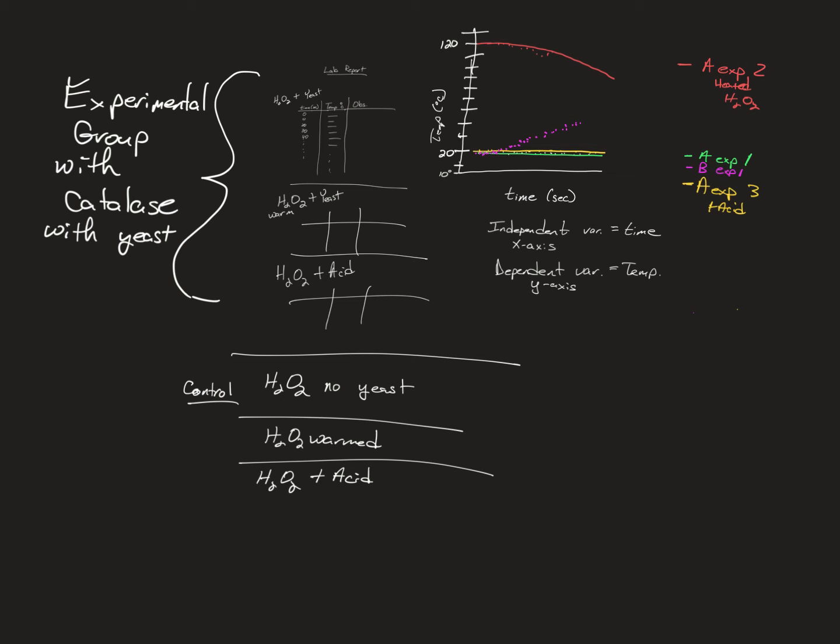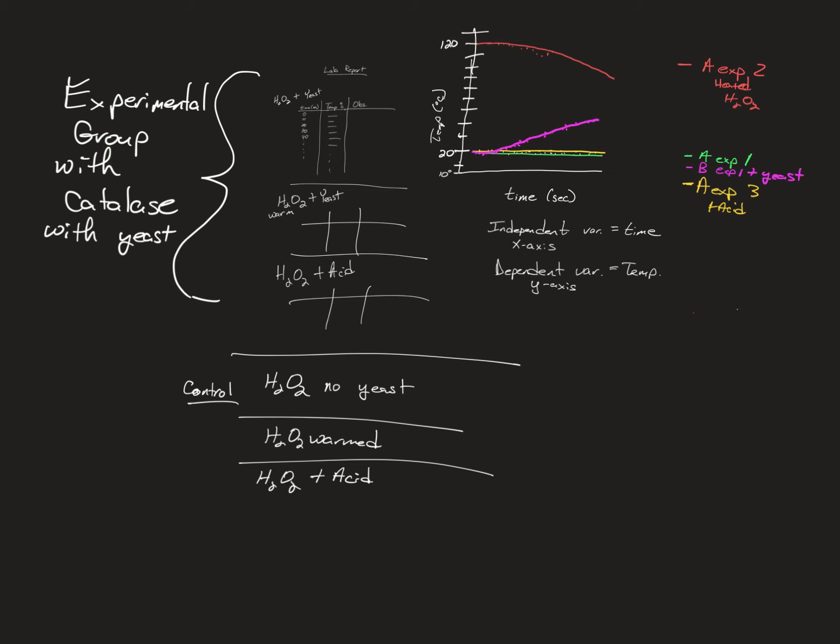And then at some point, depending how long you ran the experiment, you might have seen it come down, but I don't think in the amount of time you measured it, you saw the temperature come down. So it should be something like that. And then maybe not that high, I'm just exaggerating it so you see the event. So again, that's the experimental group with just hydrogen peroxide plus yeast.